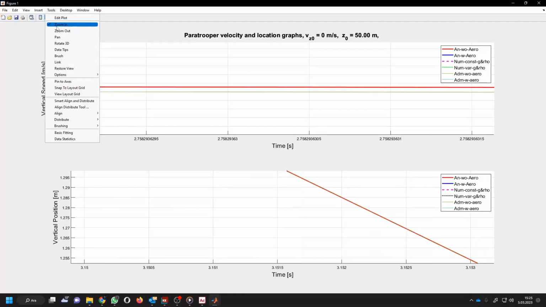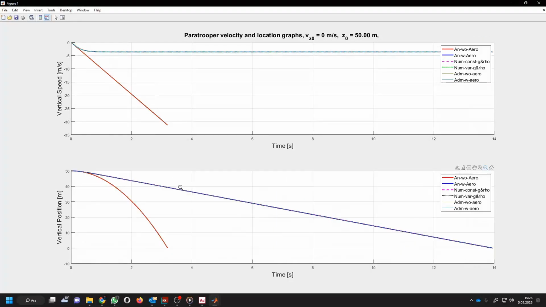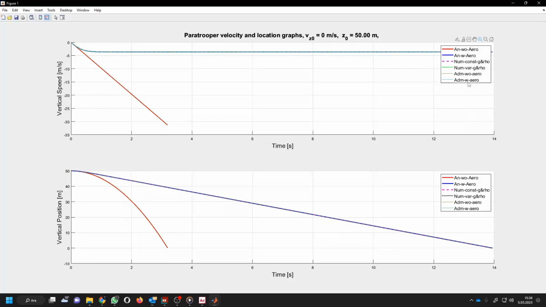So let me zoom out. Also here, I can see that the model with aerodynamic forces in Adams also perfectly matches with our solver solution here.